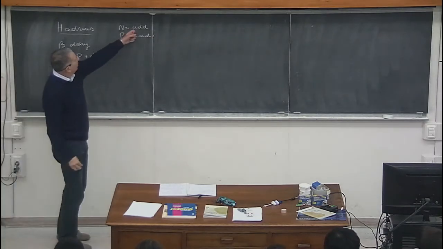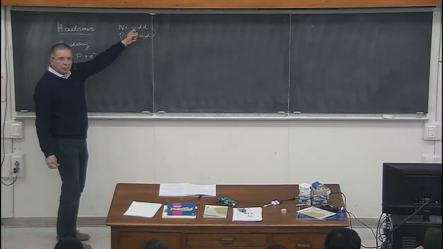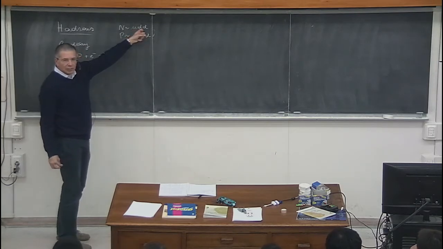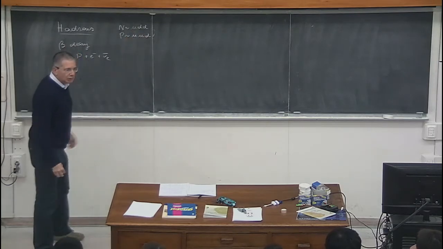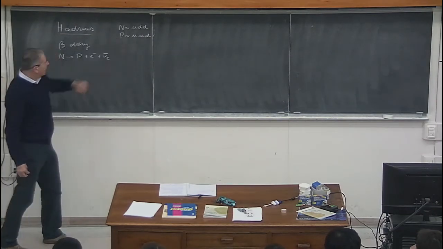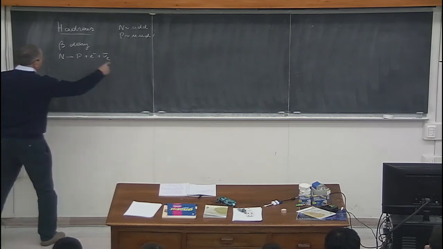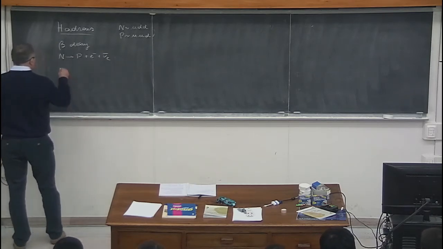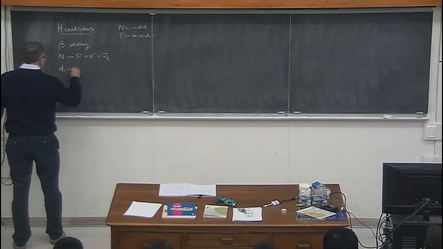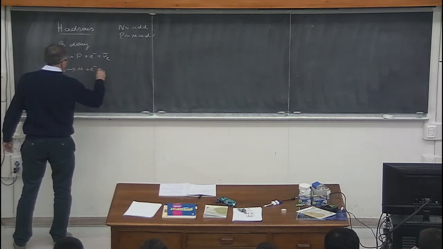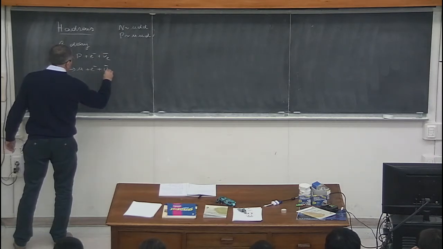The up quark has charge 2/3 in units of the proton charge, and the down quark has charge minus 1/3 in units of the proton charge. So this is neutral, this has charge 1. So you can interpret this decay in the context of the quark model as the decay of the d quark into an up quark plus an electron plus an antineutrino.